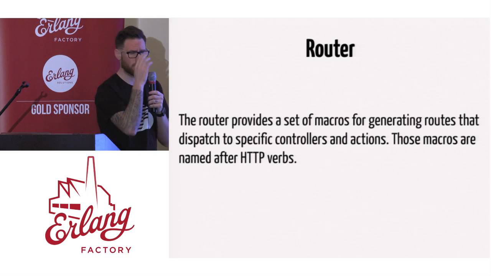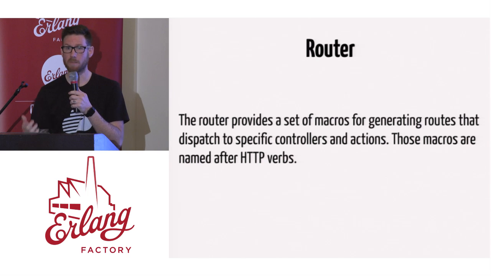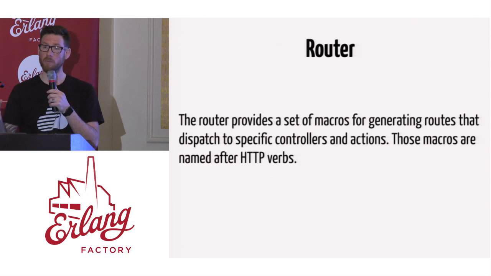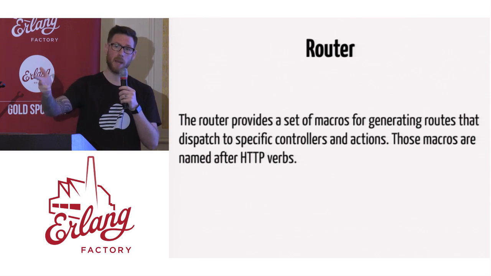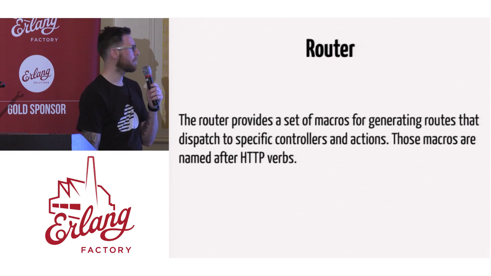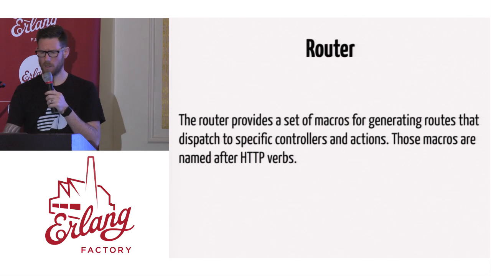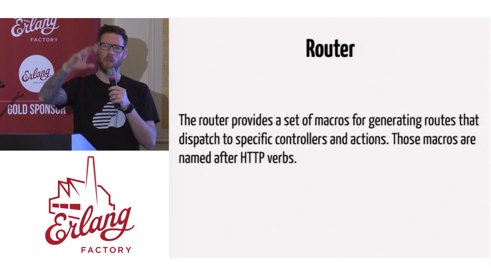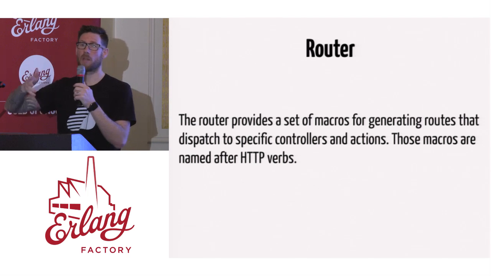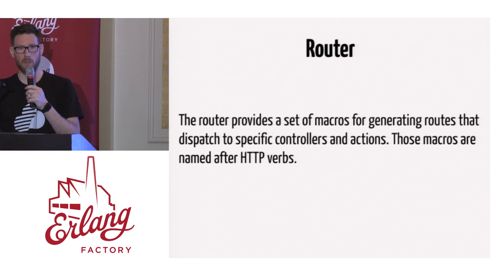So the router provides some nice macros that you can use that map really well to HTTP verbs. So get, put, patch, post, delete, and so forth. And these basically allow you to match on the URL and dispatch that to a module that will handle that action.